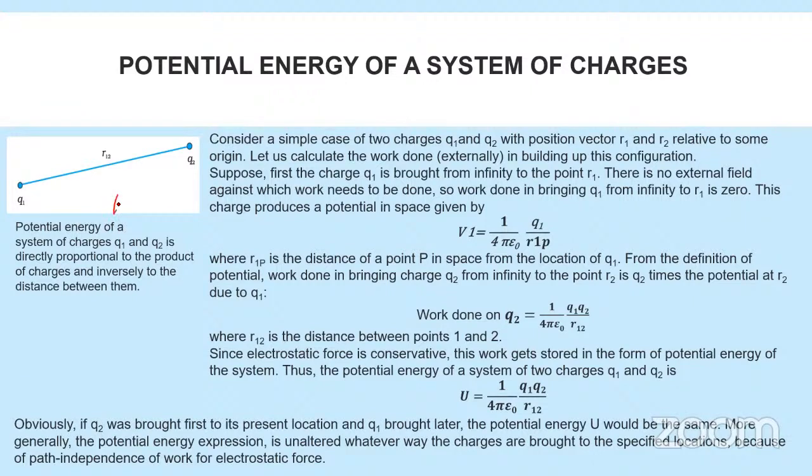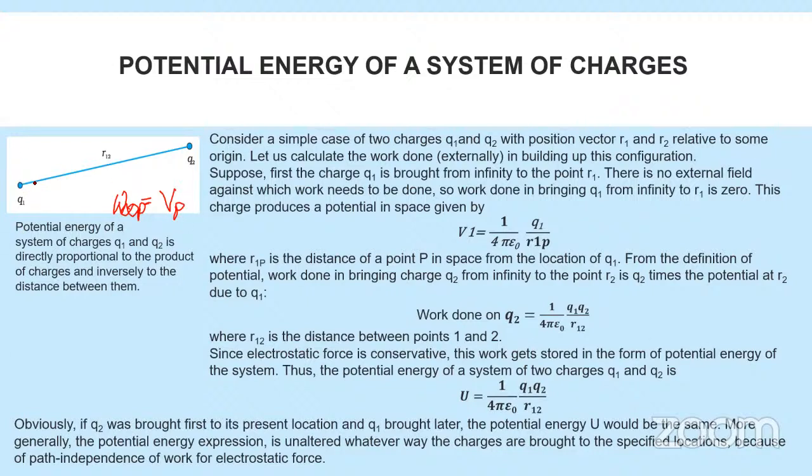If you remember, the work of getting a charge from infinity to, suppose, point P is just equal to the potential at the point where the charge is being brought.